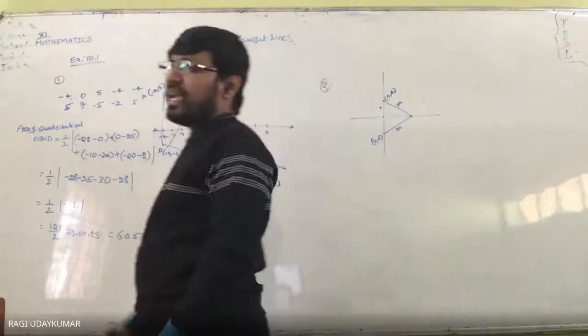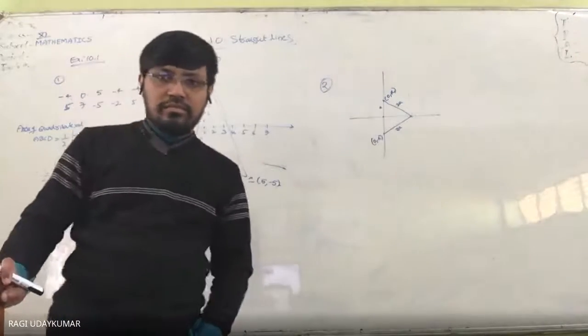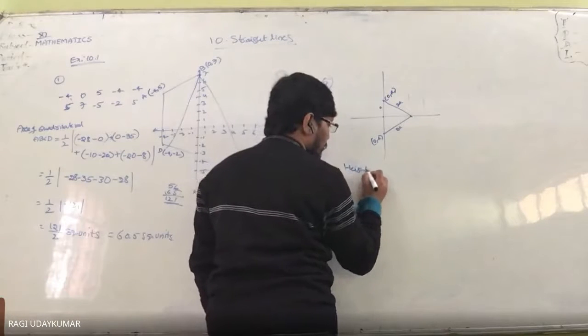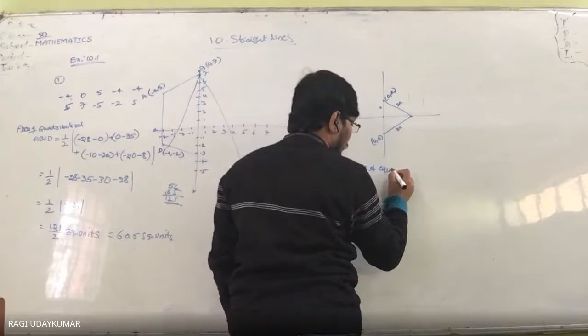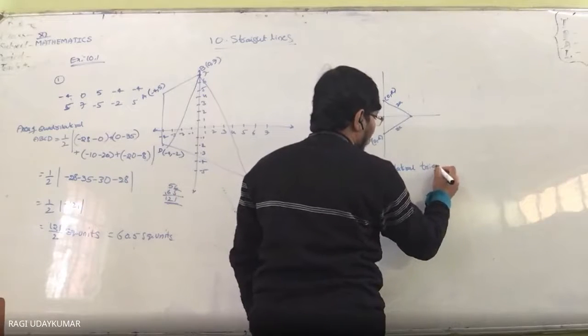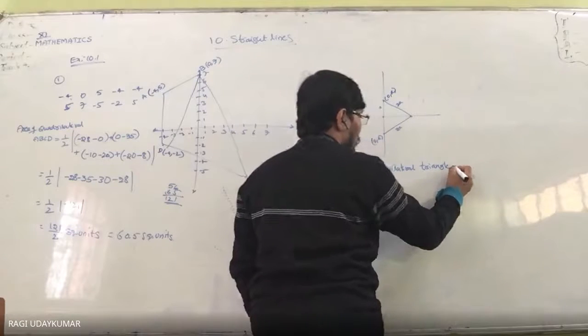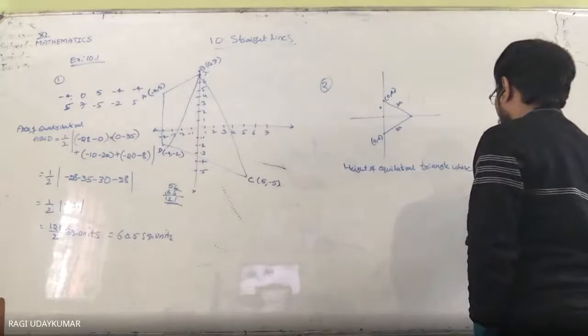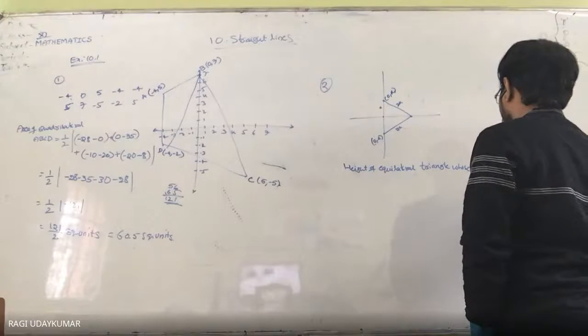What is the height of the equilateral triangle whose side is A units?